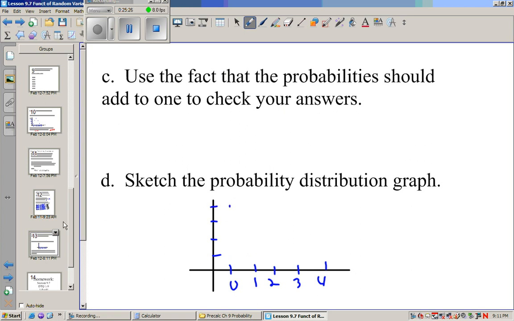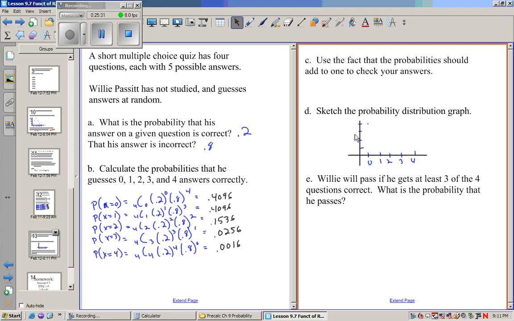So this one is going to be about 0.4. It's about the same probability for the second one. Then 0.15, then 0.2, then 0.1.